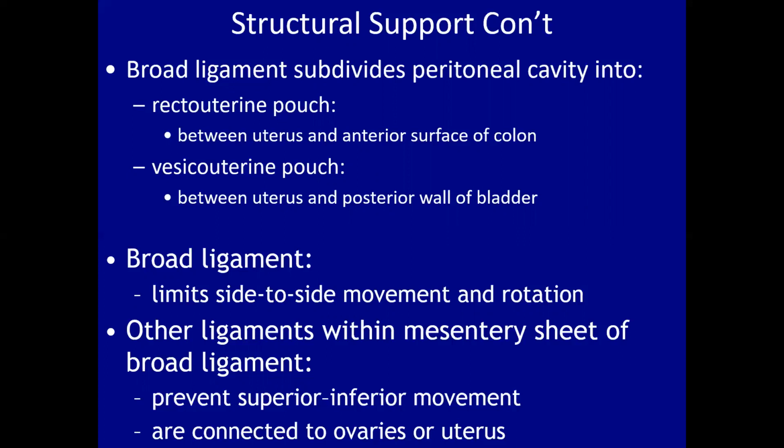This broad ligament stops side-to-side movement and rotation of the organs of the female reproductive system. There are also other ligaments within this mesenteric sheet of the broad ligament, and they prevent up and down movements, and they are connected to the ovaries and to the uterus.